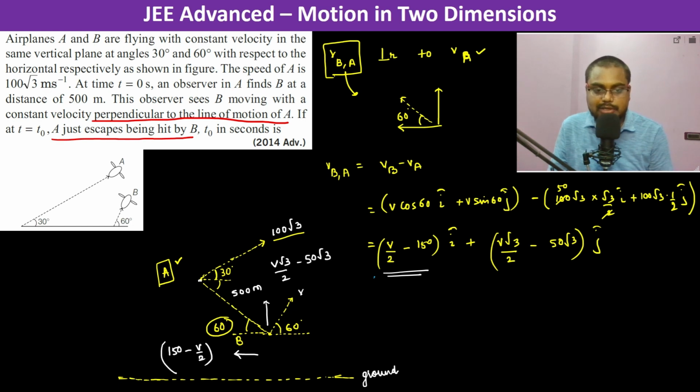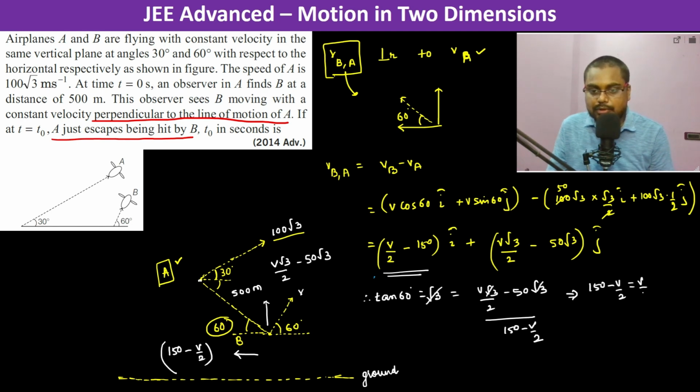It's going to be at 60 degree, so therefore tan 60 degree is going to be root 3, which is equal to (V root 3 by 2 minus 50 root 3) divided by (150 minus V by 2). So root 3 is gone, so 150 minus V by 2 is equal to V by 2 minus 50. So therefore V becomes 200 meter per second.